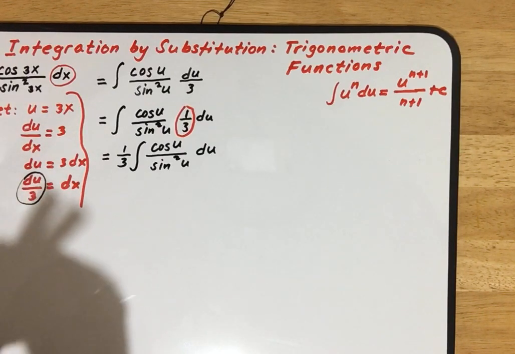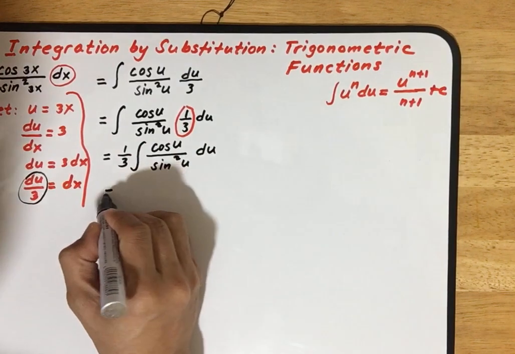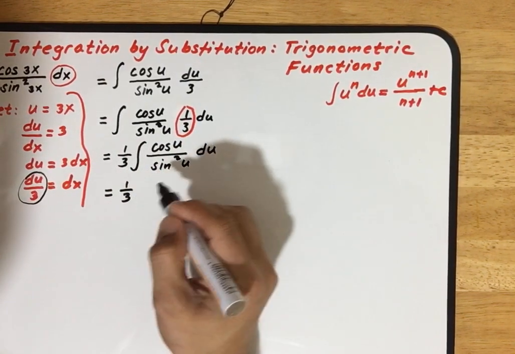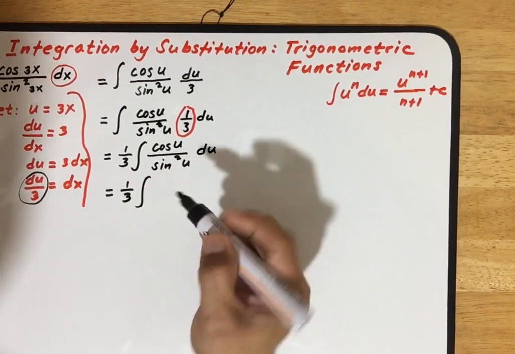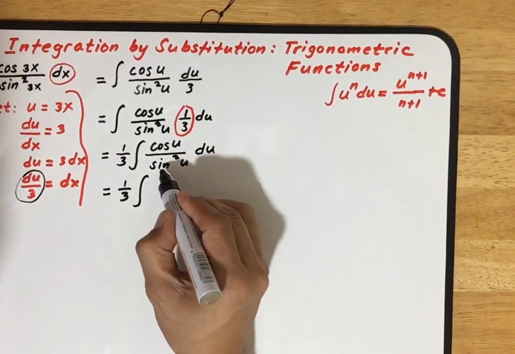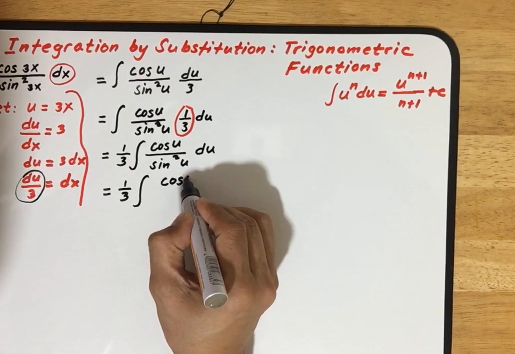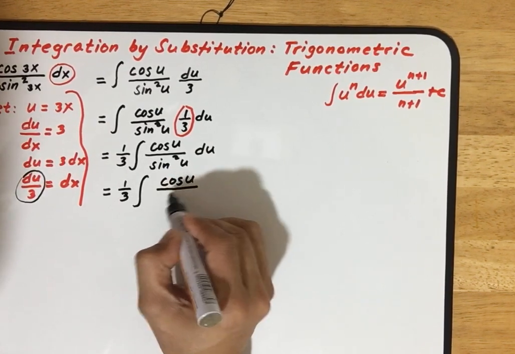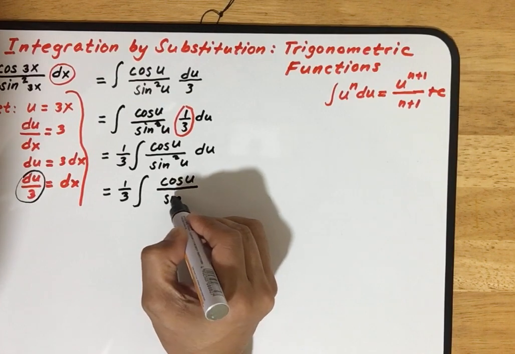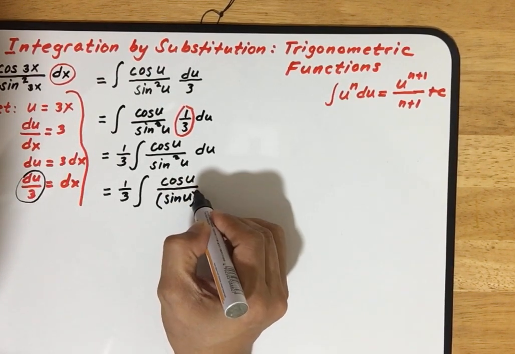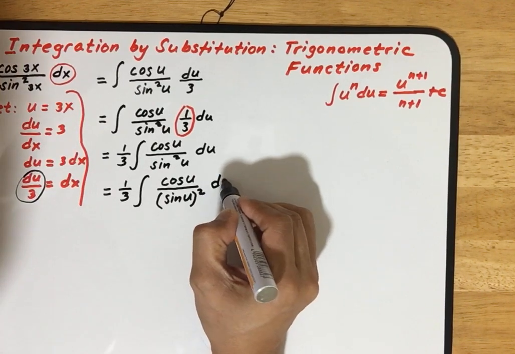This result can be written also as 1/3 times the integral of cosine u divided by sine u to the power 2 times du.